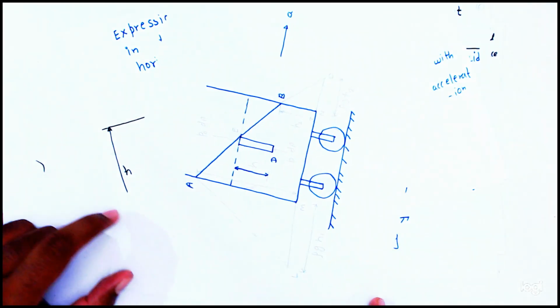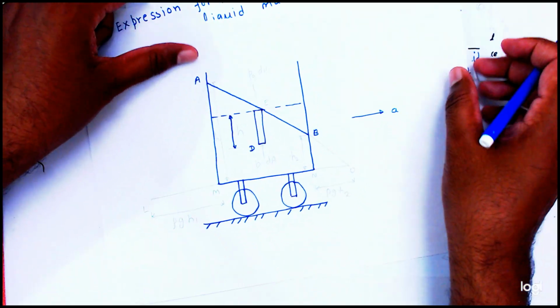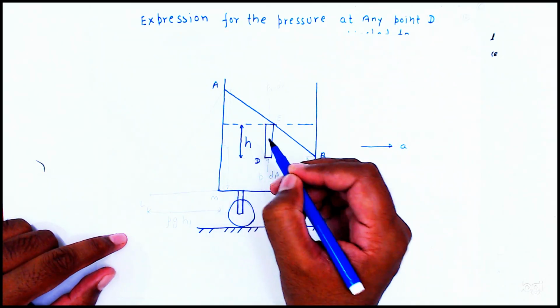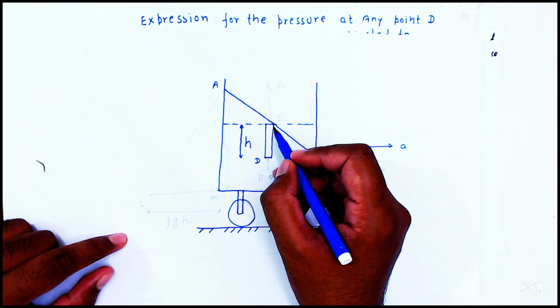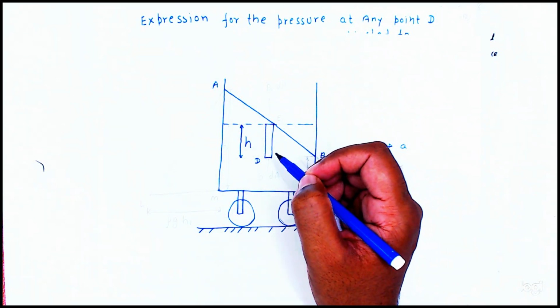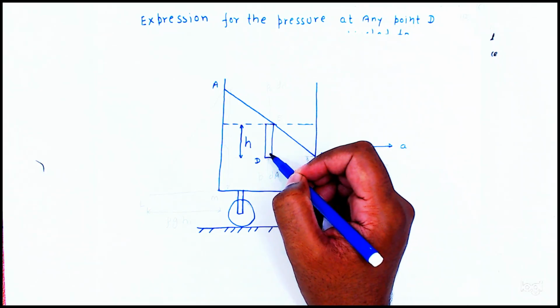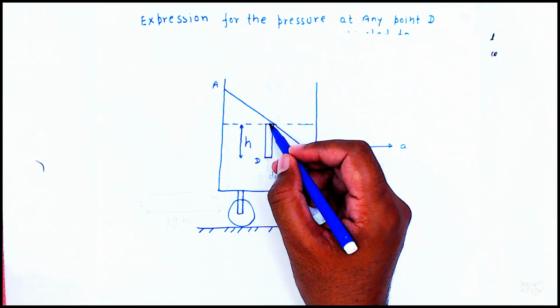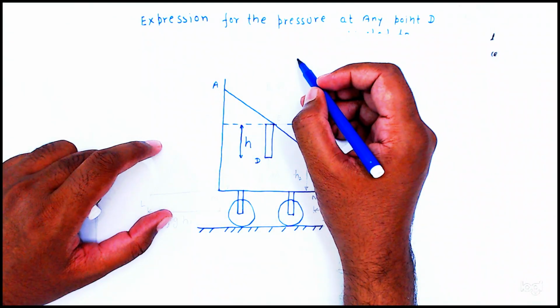Okay friends, from here h height, h depth is there. So friends, at this point, what force will work on the top side, because top side environment pressure is there.